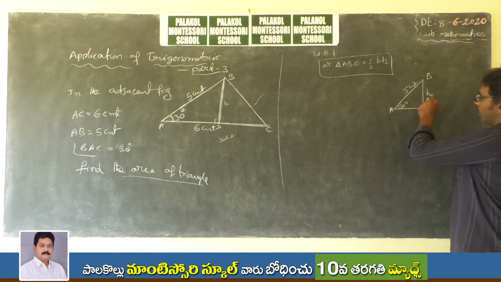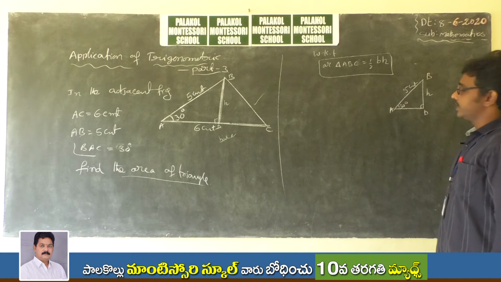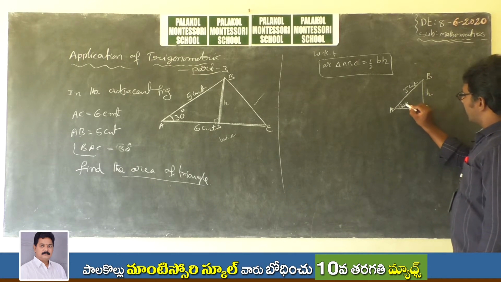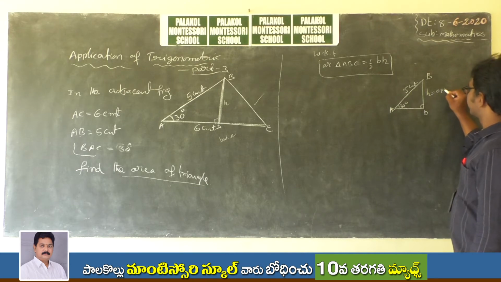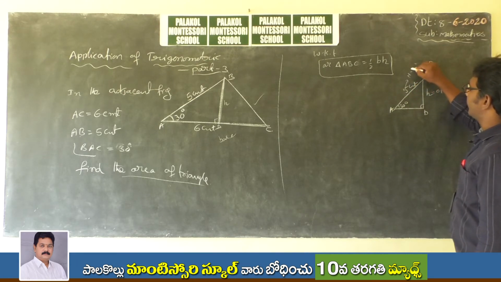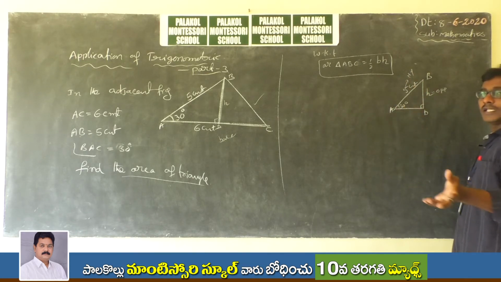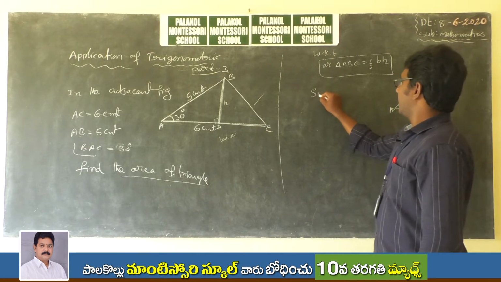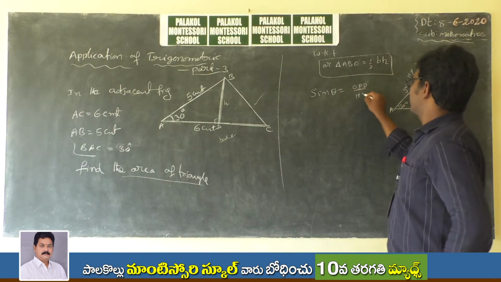So, what is the relation between H and 5? You observe that, considering 30 degrees, BD is the opposite side and AB is the hypotenuse. Opposite by hypotenuse is sine theta. Sine theta is equal to opposite side by hypotenuse.